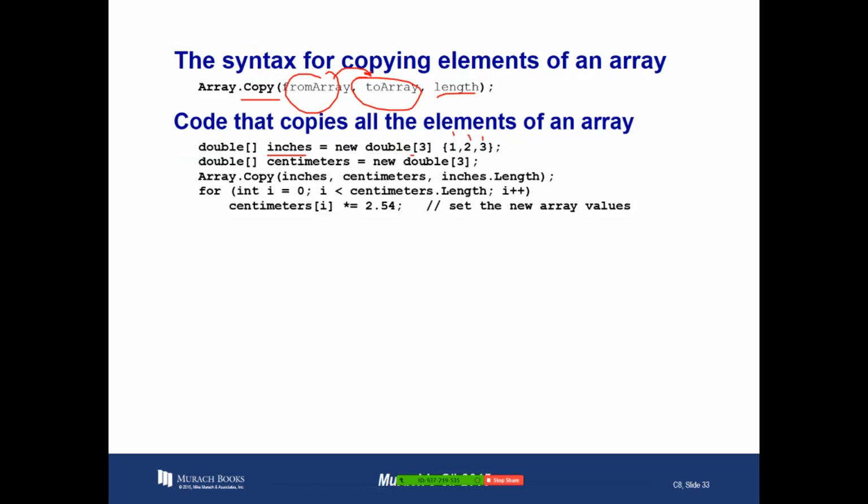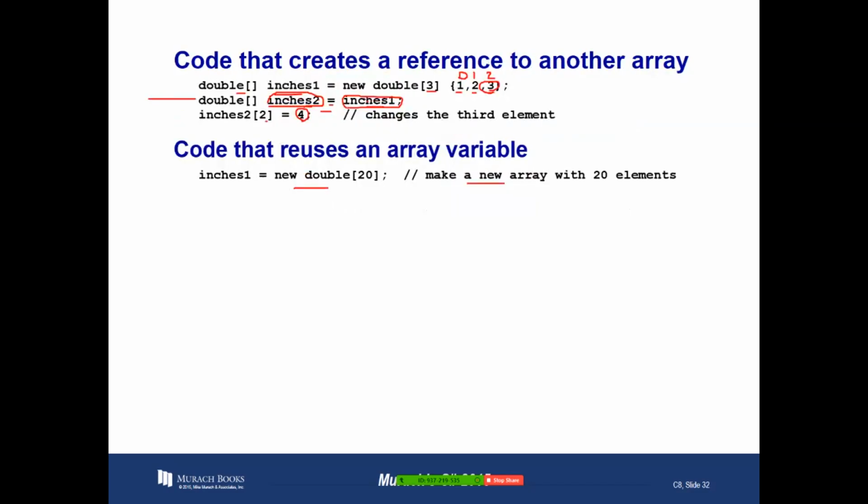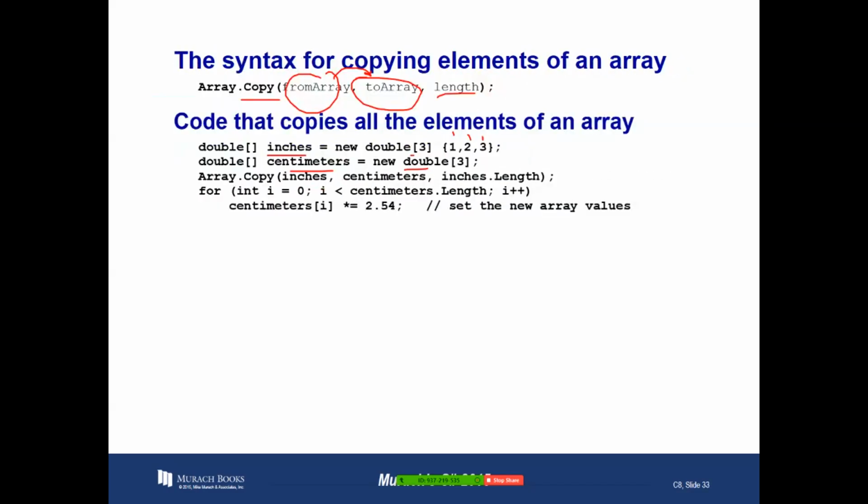And then we declare another new array called centimeters, and so this copies inches into centimeters, the length, which is 3, and then this thing actually goes through and converts inches to centimeters.